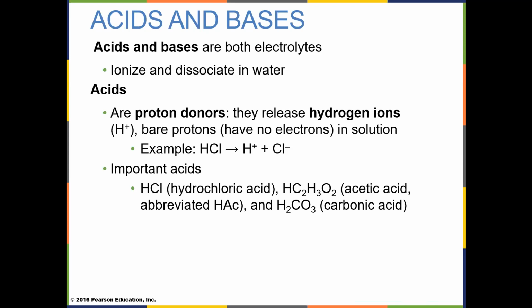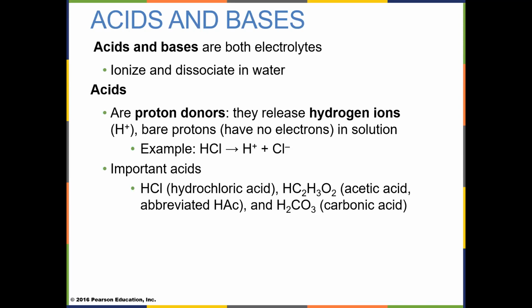It's a hydrogen ion. But all that's left after you strip away the electron is the nucleus, and the nucleus has one proton in it. So we say that acids are proton donors because they're giving up their hydrogen ion. The hydrogen ion is nothing but the proton. So no electrons in the hydrogen ions.